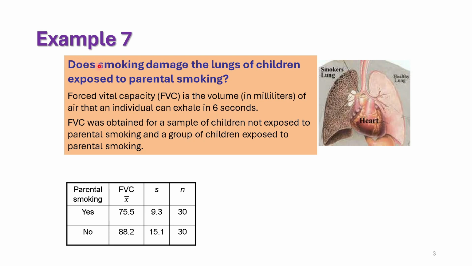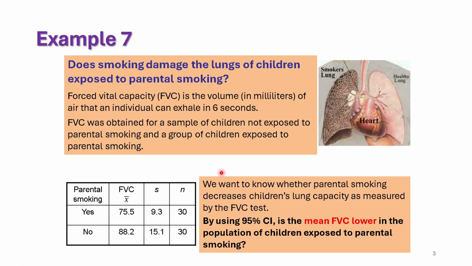So the claim is, does smoking damage the lung? Hence, we can find the difference between these two means. Those exposed to smoking should have lower FVC compared to those not exposed to parental smoking. We want to know whether parental smoking decreases children's lung capacity as measured by the FVC test.